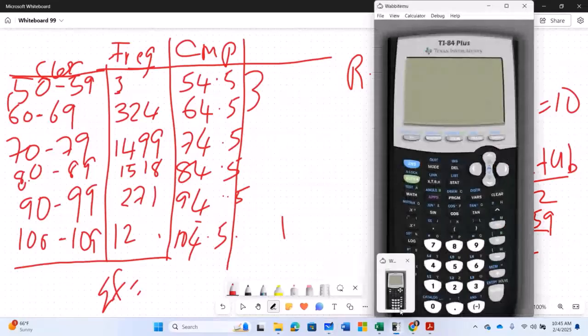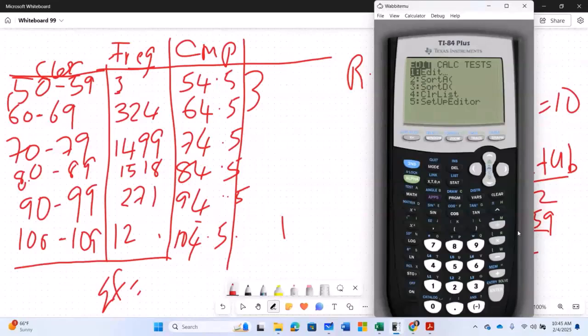and turn it on. I'm going to clear and go to Stat, Edit. This is grouped data, so I have to be careful this time. I'm going to go to L1 and clear L1. I will also clear L2.